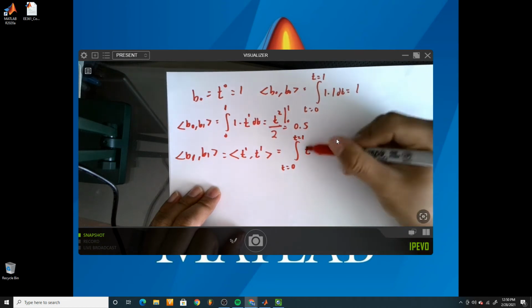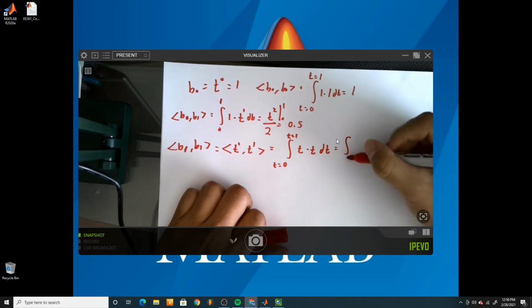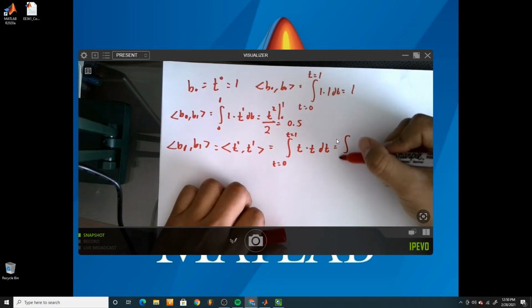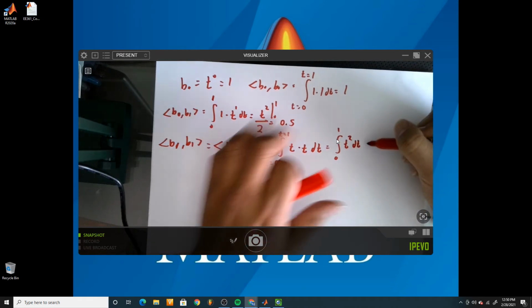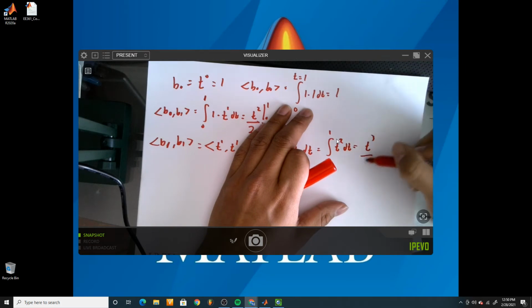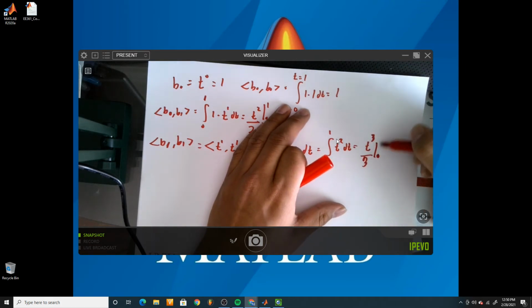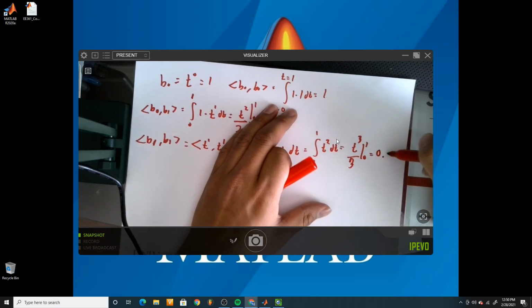And you know this is going to be, do I want to skip steps? No, let's show you the work so that you know what's going on. The integral from 0 to 1 of t squared dt, now you know what that is, which is equal to t cubed over 3. And do I really have to show you this? Yes. All right. And this is equal to 0.333.